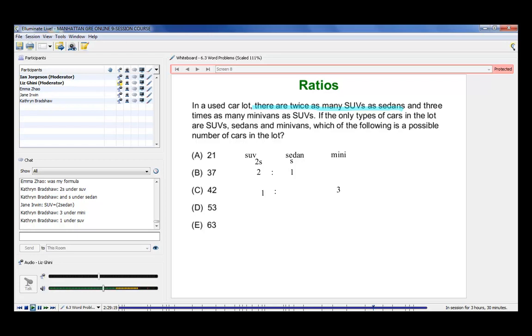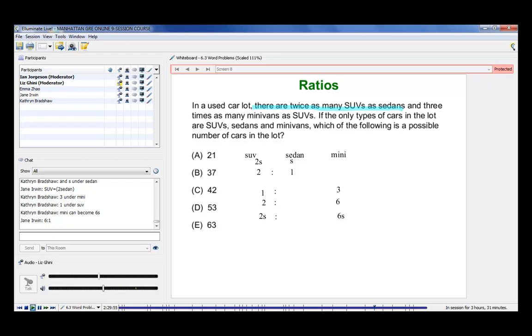If I know the ratio of SUVs to sedans is 2 to 1, and SUVs to minis is 1 to 3, and I've got, yeah, mini could become 6S, right? Either I would put this is 2 to 6, so that they're the same. Or I would say, oh, okay, so I know this is 2S. I already know that. So this is 6S. 2 ways to think about it.